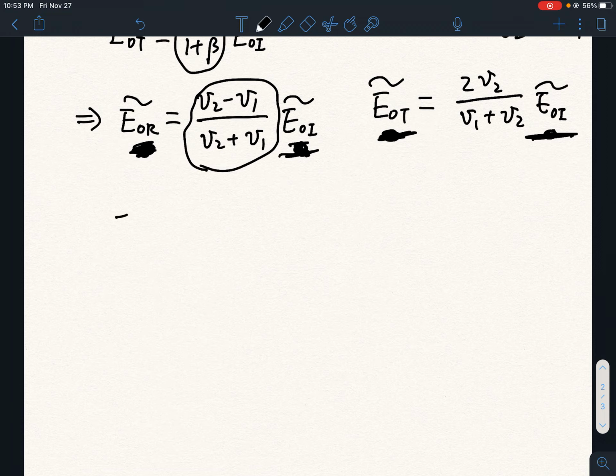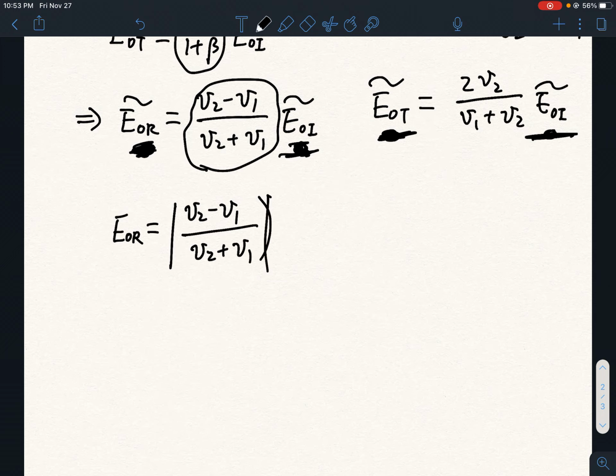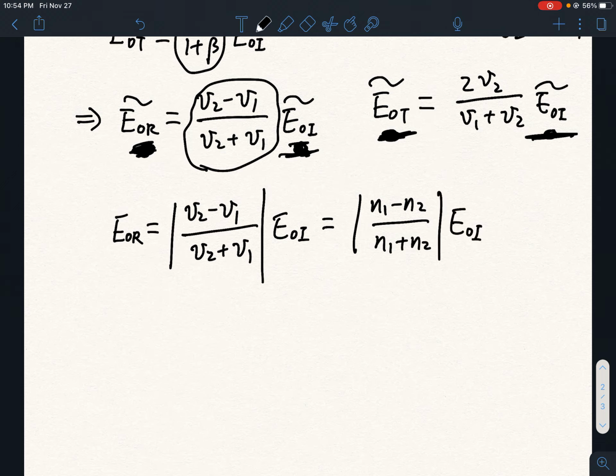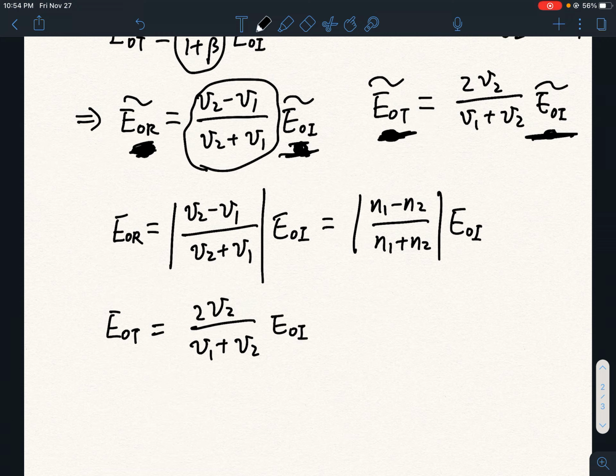The absolute value of the amplitude change is (V2 minus V1) divided by (V2 plus V1) times E0I, which is (N1 minus N2) divided by (N1 plus N2). And E0T, the transmitted one, is 2V2 divided by (V1 plus V2) times E0I, the incident one, which is 2N1 divided by (N1 plus N2) times E0I.